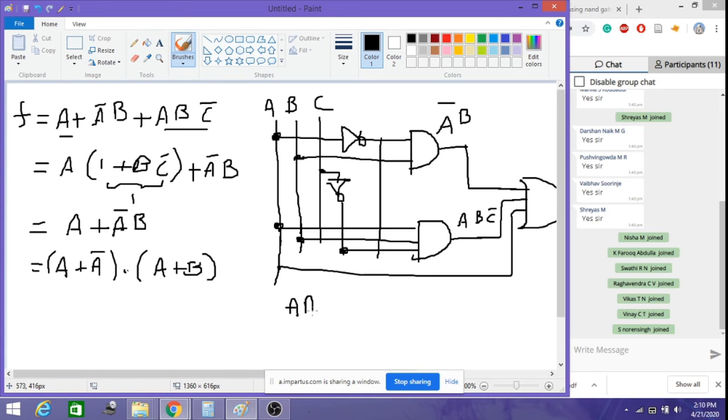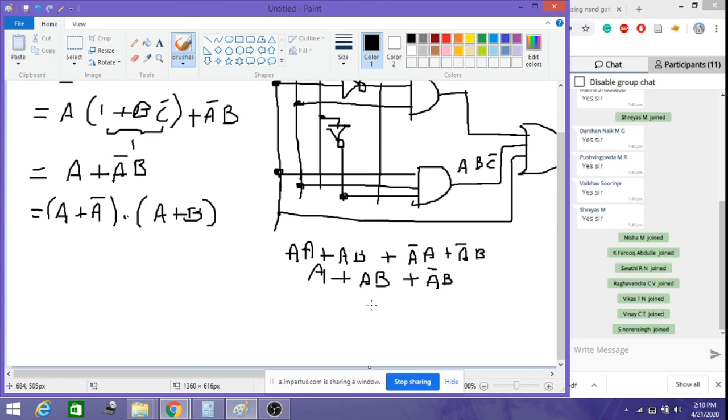I'll get A into A plus AB plus A bar into A plus A bar B. Here A into A is nothing but A, then plus AB, plus A into A bar is nothing but 0, plus one more term, that is A bar into B.